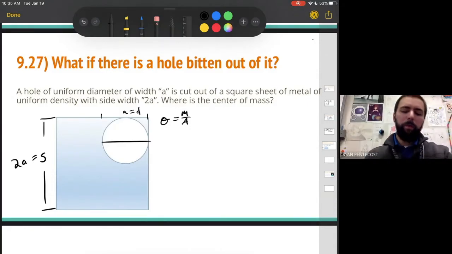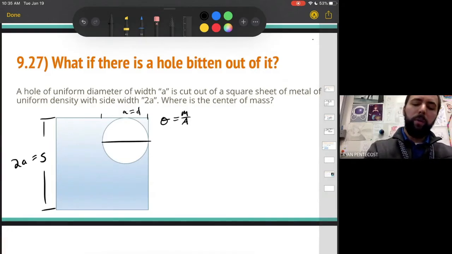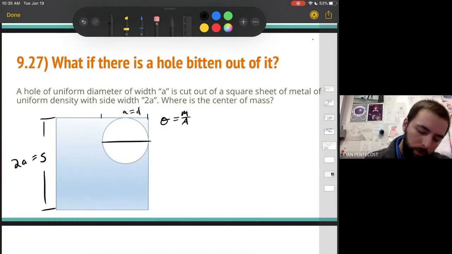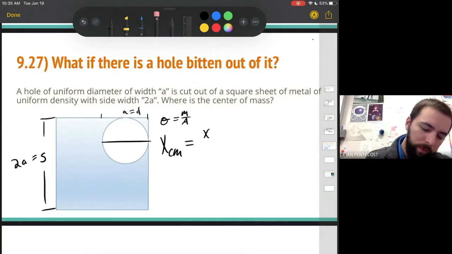So this is something we've never done before, we're actually going to subtract as we do our center of mass. To find the x center of mass, we'll take the x center of mass of the square, and we'll subtract the x center of mass of the circle.